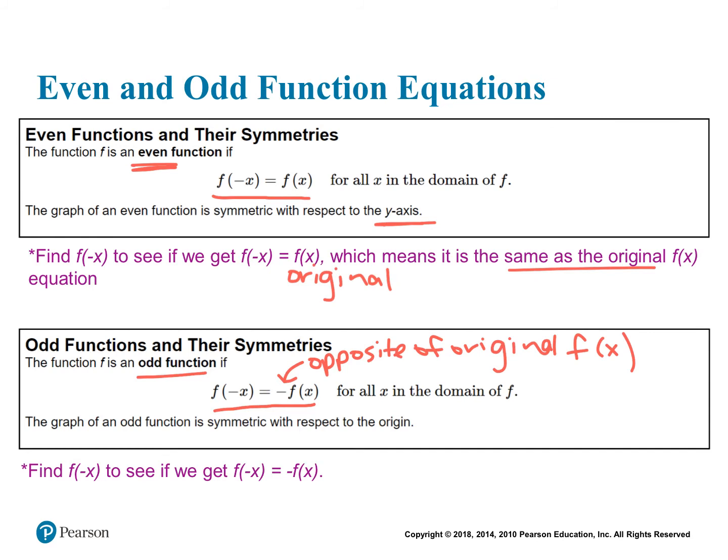And an odd function is symmetric to the origin. We've mentioned that already. So in other words, we're finding f of negative x to see if we get f of negative x equals negative f of x. So I know that's a lot of letters to look at, but hopefully the examples on the next couple slides will help us understand this better.